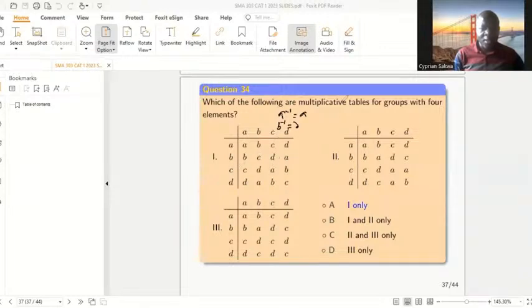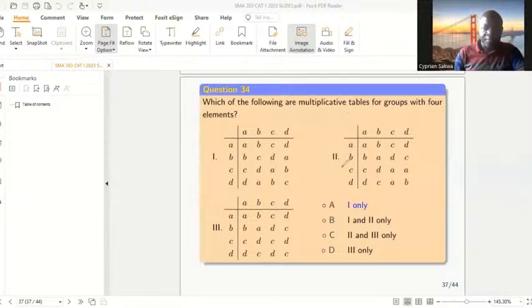C times C gives the identity, so the inverse of C is C. What about D? The inverse of D is B. So this first one is a group.